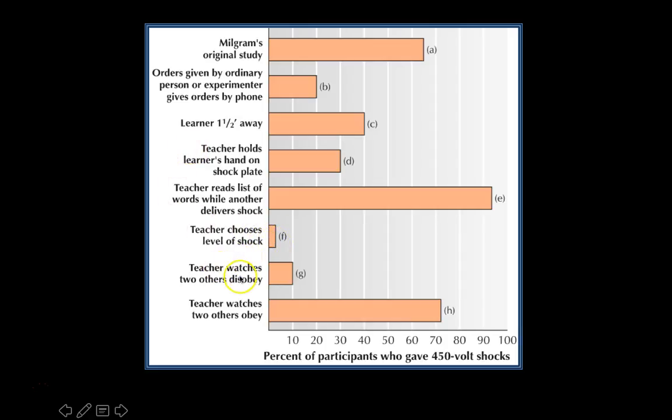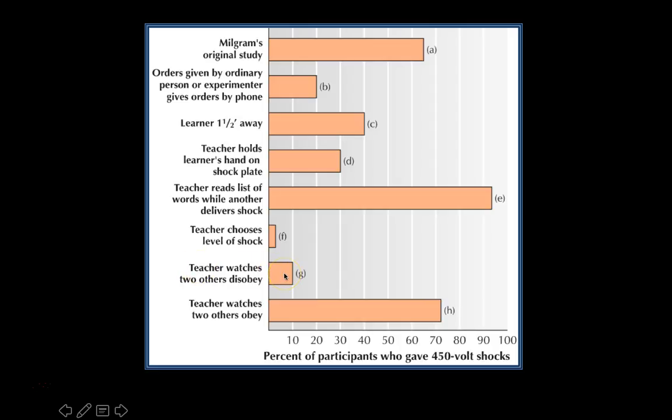When the teacher watched two other teachers disobey, you get a pretty profound decrease. And when the teacher watches two others who obey, here we get a sort of conformity to what others are doing.